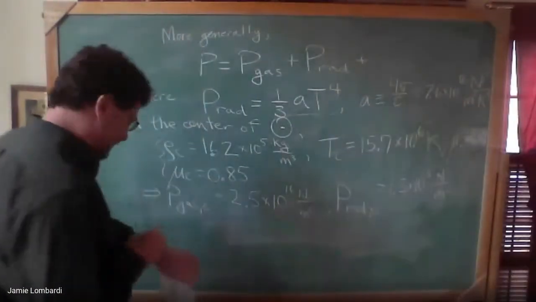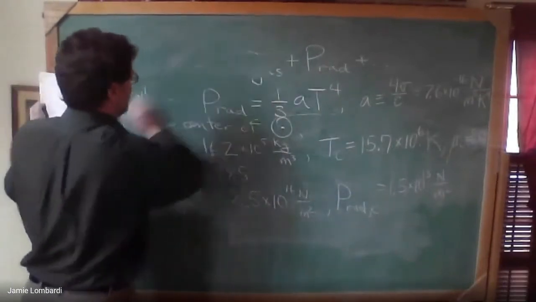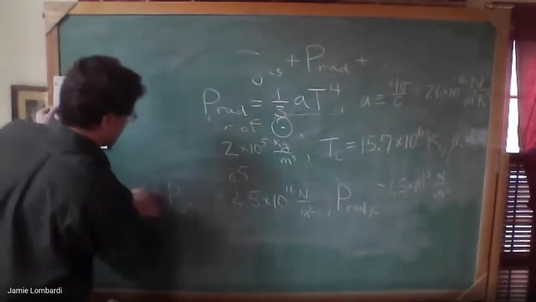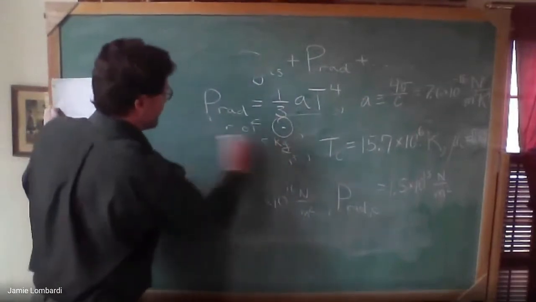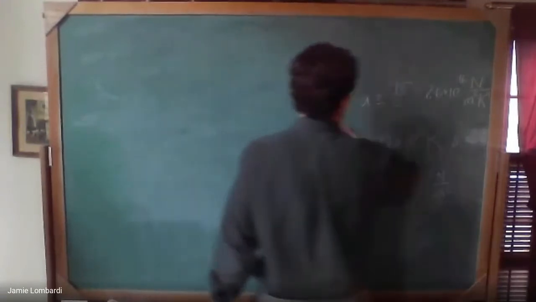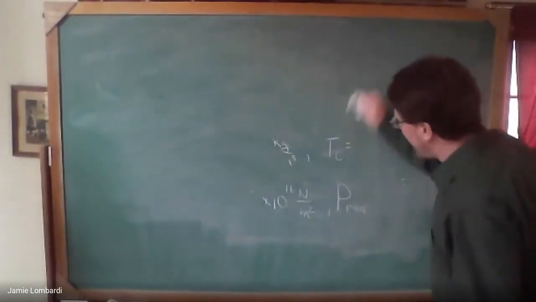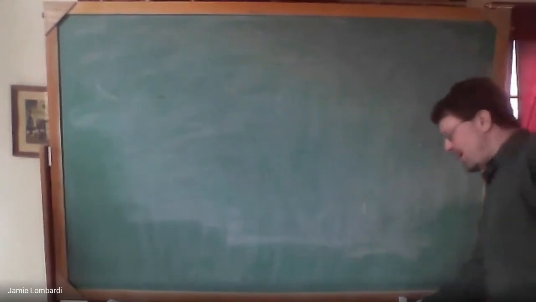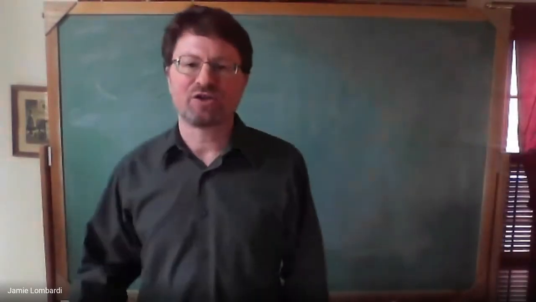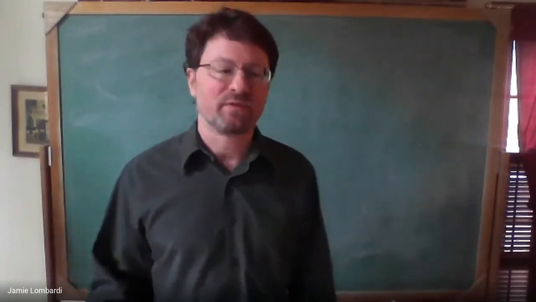What I'd like to do here in the final 10 or so minutes is to derive an expression that connects the mean molecular mass, mu, to the abundances. Often astronomers use capital X and capital Y and capital Z to represent the mass abundances of hydrogen and helium and everything other than those, respectively.